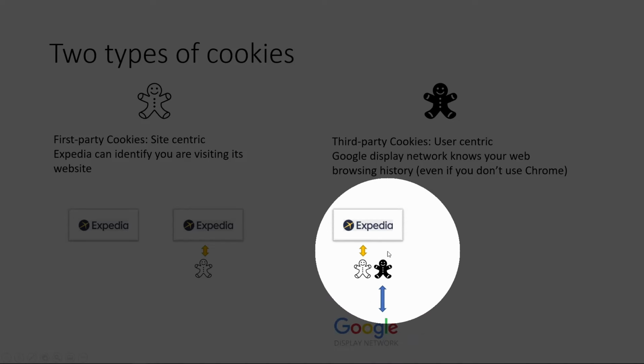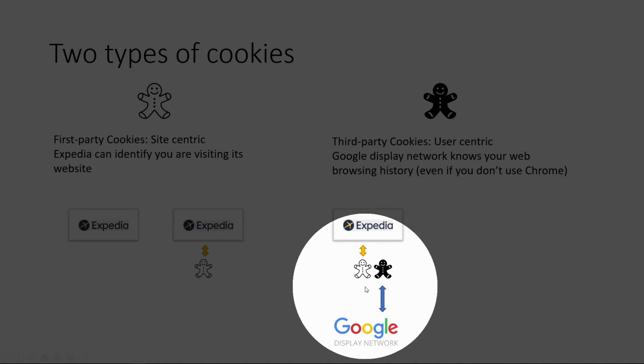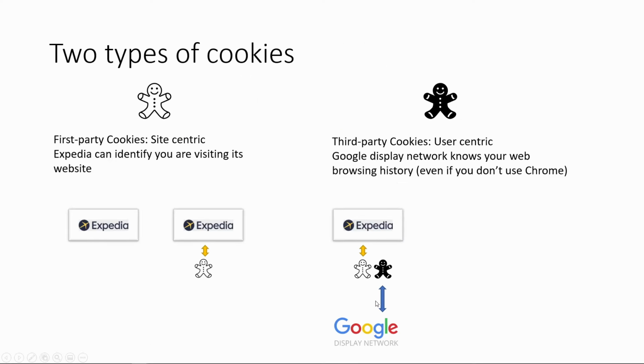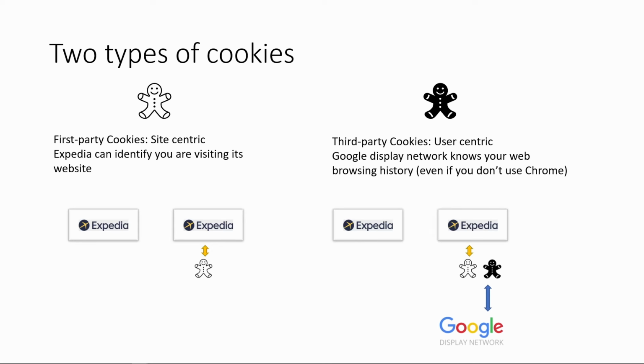This cookie is not just accessible by Expedia, it's also accessible by Google's display network. If you go back to visit Expedia again, Expedia would be able to see both cookies, its own cookie and third-party cookie. Google Display Network, on the other hand, would also be able to see the third-party cookie.